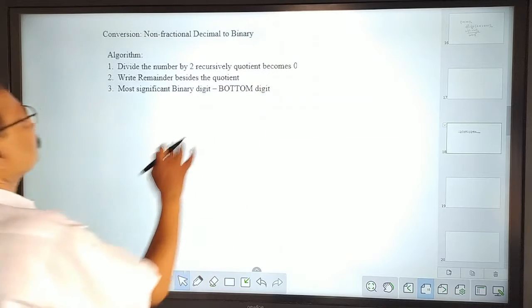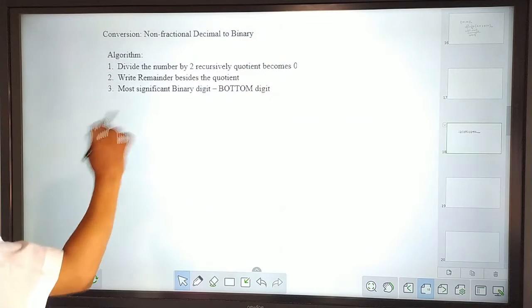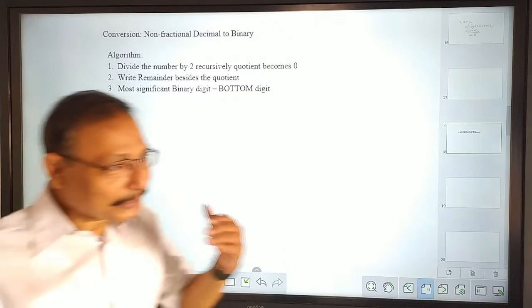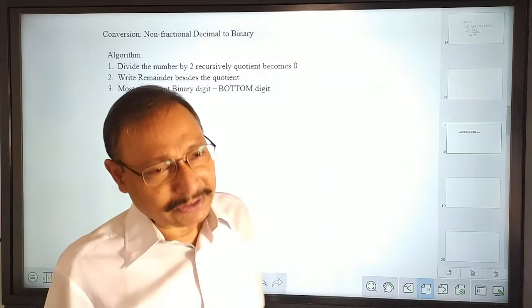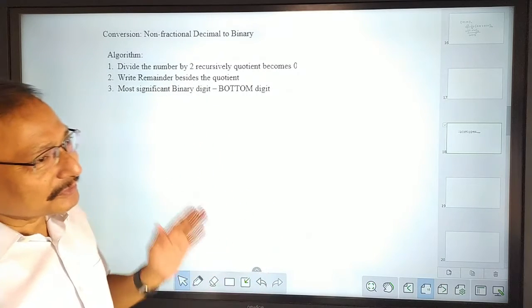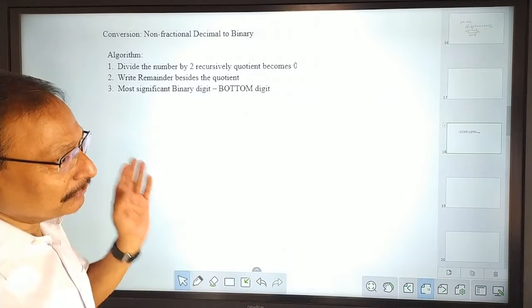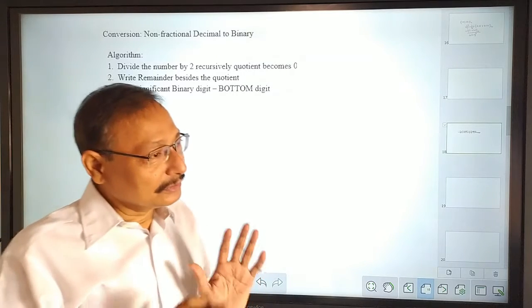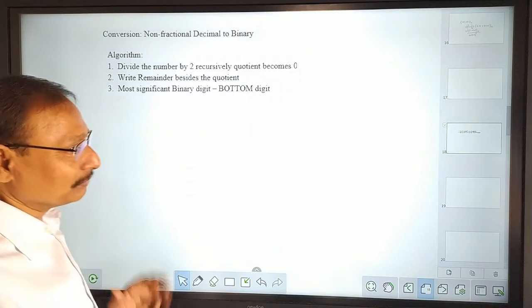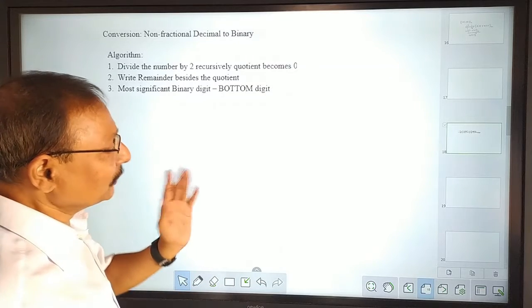That means regularly we will divide the number, and at the same time, we will write down the remainder that we get from the division of the number by 2.